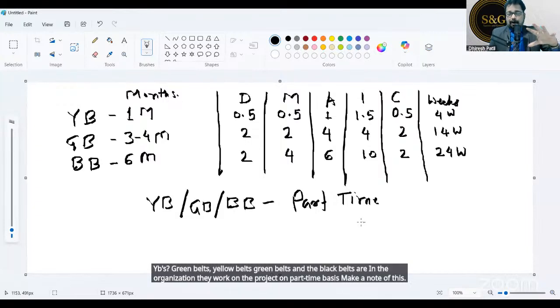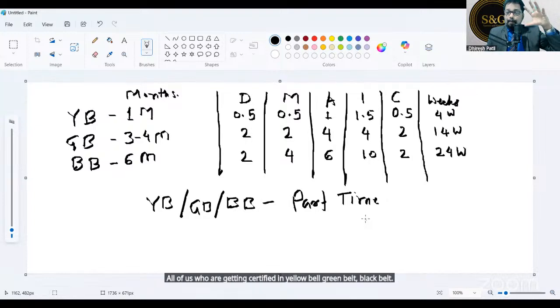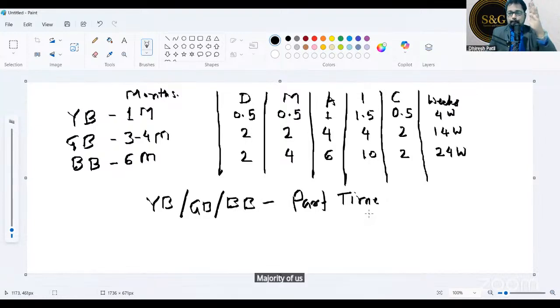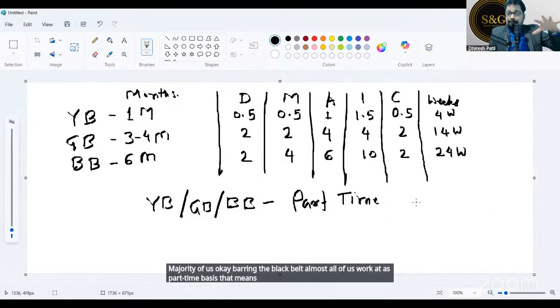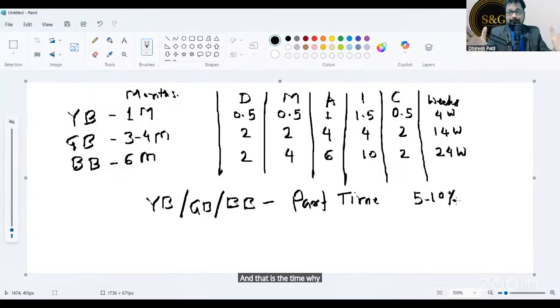All of us who are getting certified in yellow belt, green belt, black belt, majority of us, barring the black belt, almost all of us work on a part-time basis. That means out of our actual time, we allocate 5 to 10% of the time on the projects. And that is why it takes that much time to resolve that complex challenge.